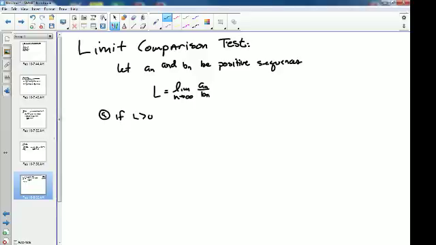If L is greater than 0, then that's not what I wanted, right?